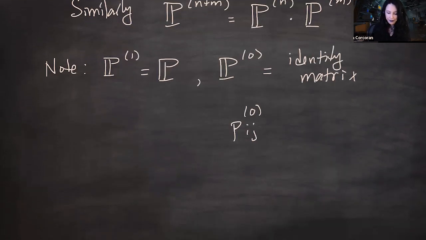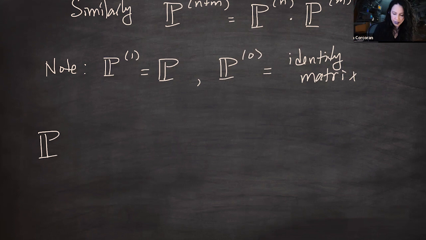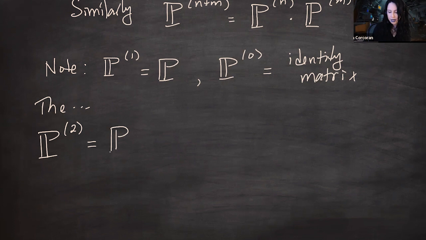But with that, check this out. The matrix of two-step transitions, which I really should write here, but I'm running out of time, we just showed can be written as the matrix of one-step transitions times the matrix of one-step transitions.